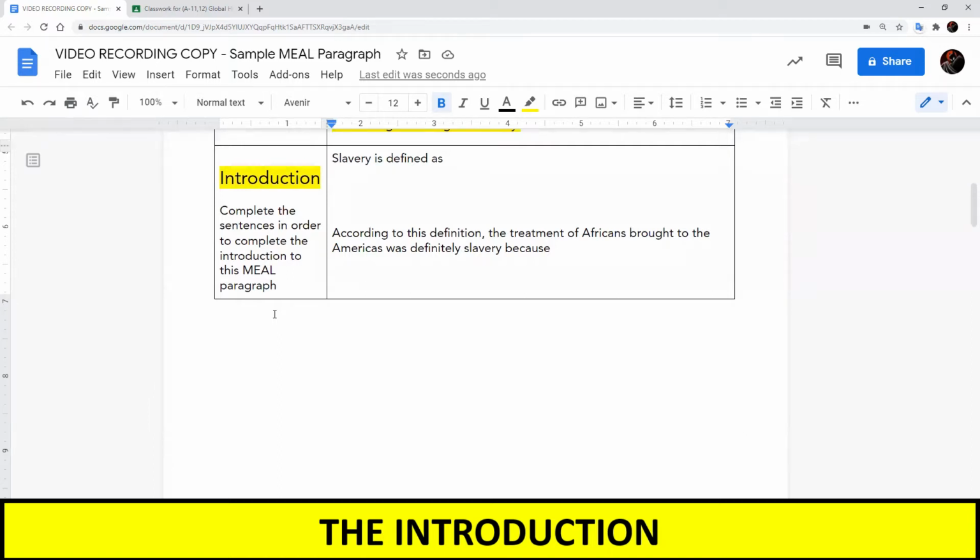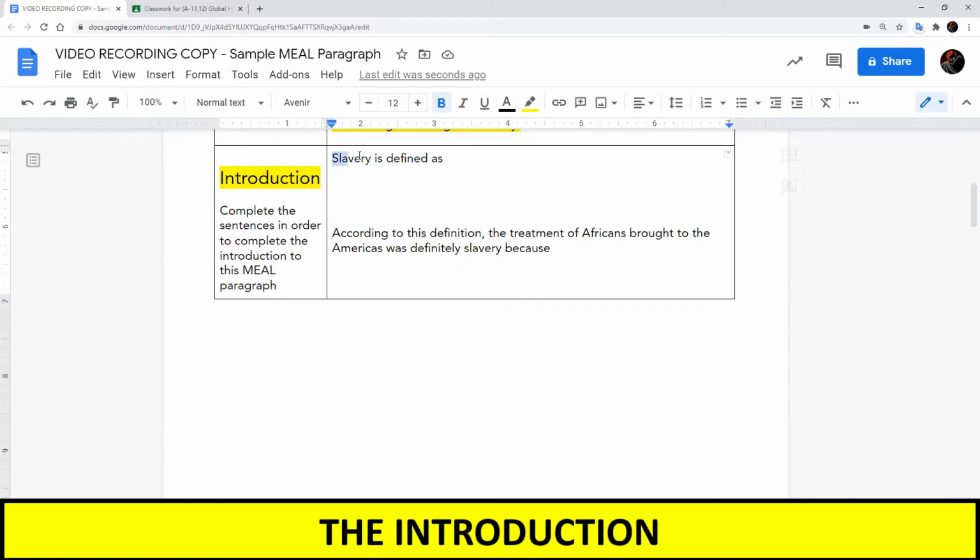Even this paragraph is about myths about slavery. So I think what you need to discuss in the introduction is the general idea of what slavery is. So that's what we're going to be doing here.